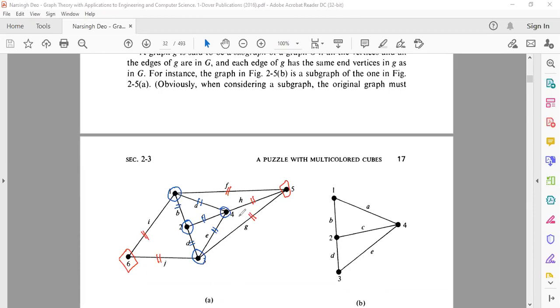Only thing is that some of the vertices and some of the edges are missing from the picture. So if this is the case, then we can consider the structure drawn in part B is the subgraph of the graph drawn in part A. So what are the definitions of subgraphs? Let us try to find it out.